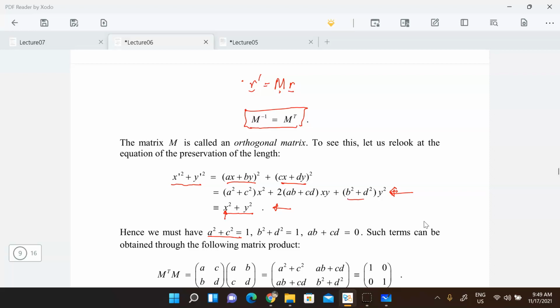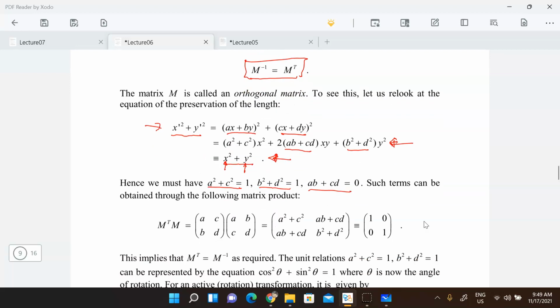B squared plus d squared has to equal 1, so I get y squared here. But I need AB plus CD to be equal to 0. Then that kind of transformation will preserve the length.